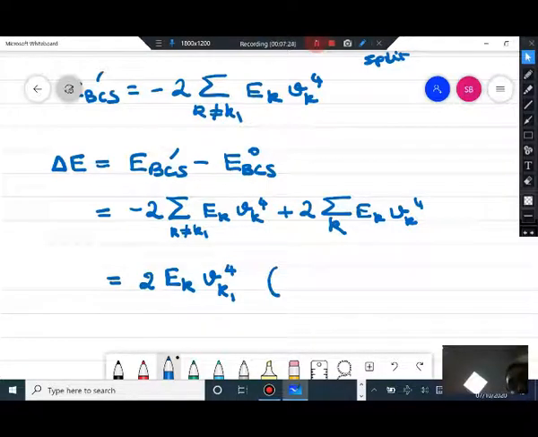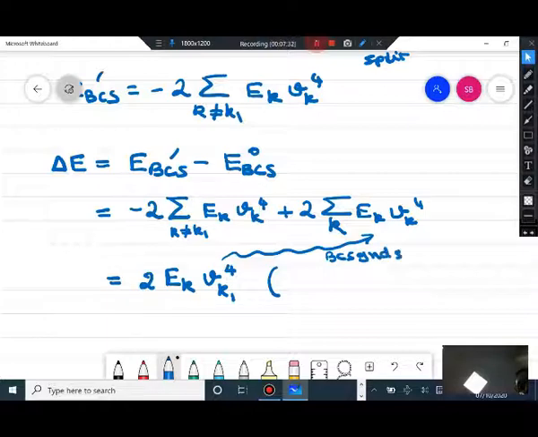Now where are you getting this Vk1 from? You are getting it from the BCS ground state, because the excited state did not have Vk1, you have split it.